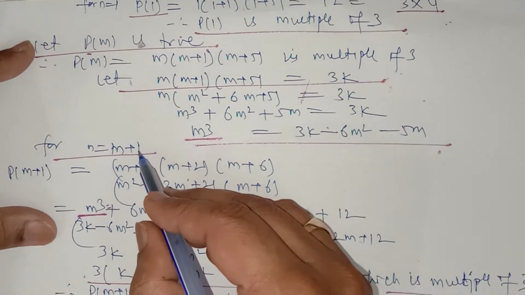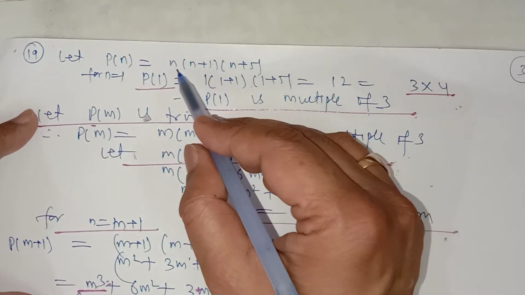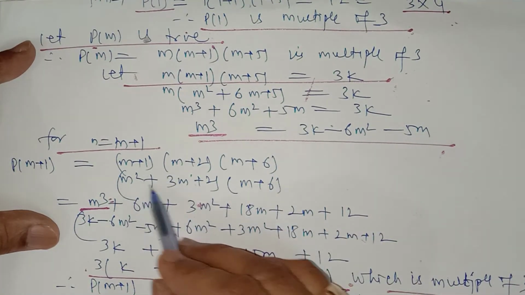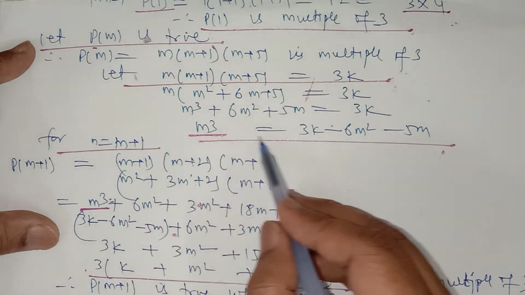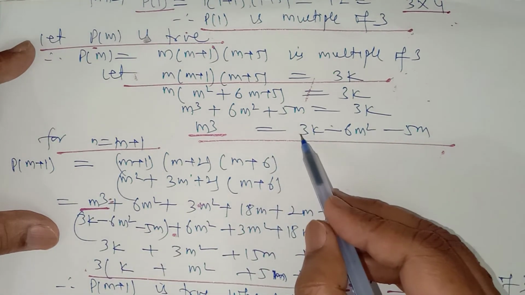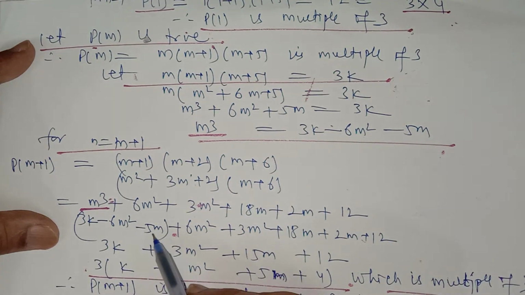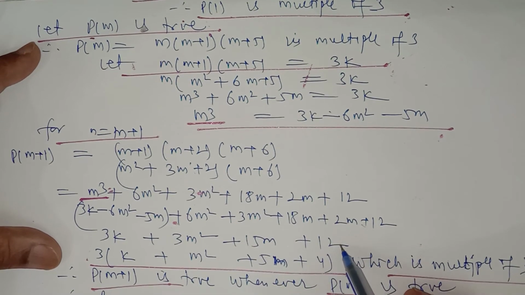Now for n is equal to m plus 1, replace n by m plus 1. You are getting m plus 1, m plus 2, m plus 6. Multiply and open the brackets. You are getting m cube here, and put the value of m cube from this, which is 3k minus 6m square minus 5m. Open and simplify all the terms, and you are getting 3 common in all the terms.